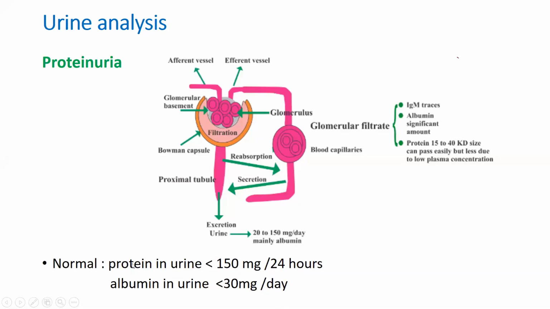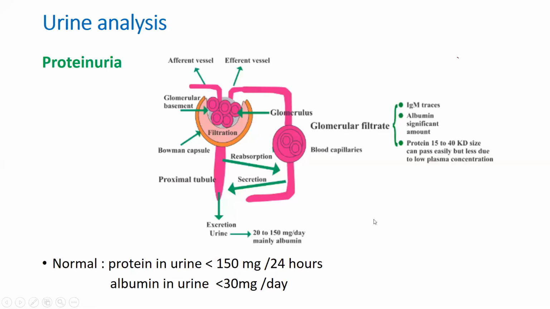Now, within these proteins, you can have a little bit of albumin as well. Even though they are big molecules, a little bit of albumin can go in your urine. Up to 30 milligrams per day, you can accept albumin in your urine. So out of this 150, up to 30 can be acceptable. However, if it is more than this, then that is considered abnormal.